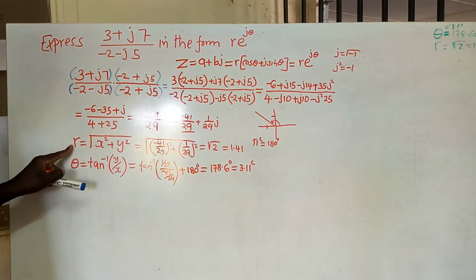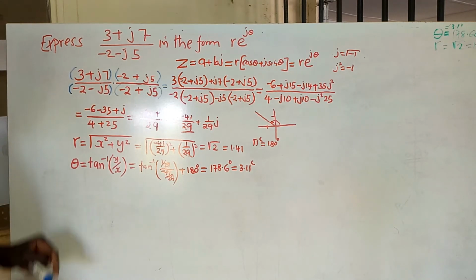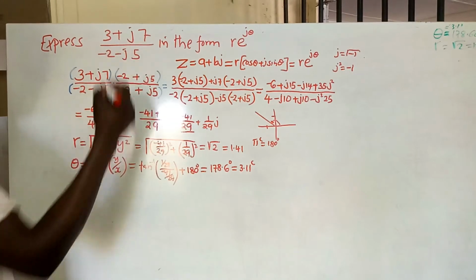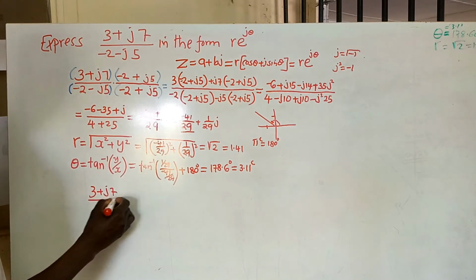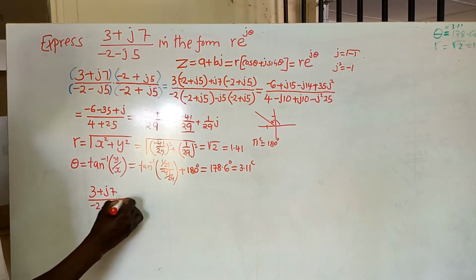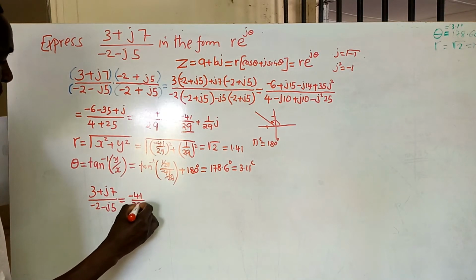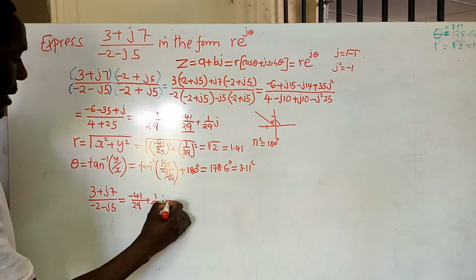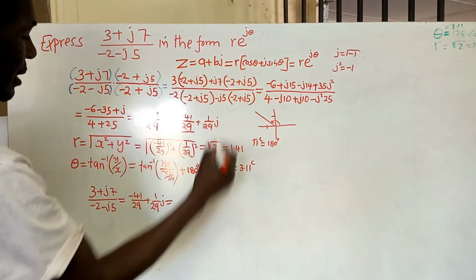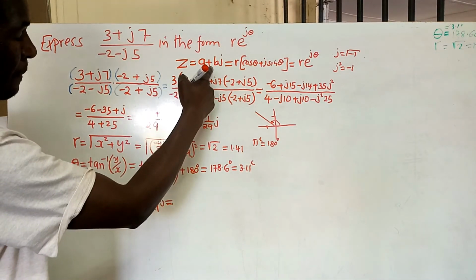We have obtained r, we have obtained theta. R is the magnitude of the complex number and theta is the argument. Okay. Now we can write our complex number 3 plus j7 divided by negative 2 minus j5, and when you reduce it, it gives you negative 41 over 29 plus 1 over 29 j. This one is written as Cartesian form.